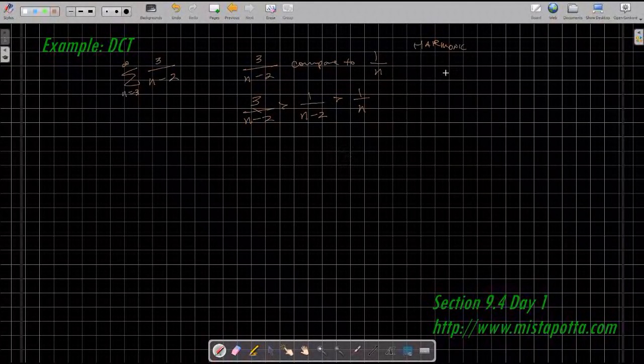But I know that the sum from n equals 3 to infinity of 1 over n diverges, because it's only 1 plus a half plus a third away from the series that goes from 0 to infinity. And so if I take off this, the tail must also diverge. And therefore this must diverge.